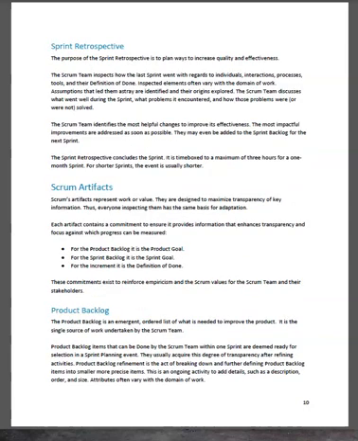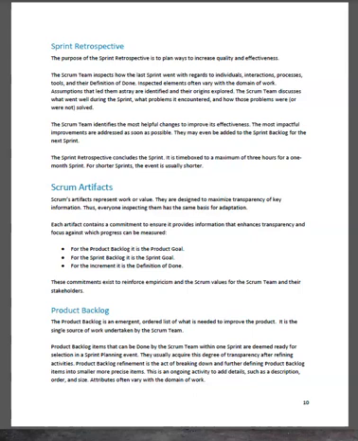Sprint retrospective. The purpose of the sprint retrospective is to plan ways to increase quality and effectiveness. The Scrum team inspects how the last sprint went with regards to individuals, interactions, processes, tools, and their definition of done. Inspected elements often vary with the domain of work.